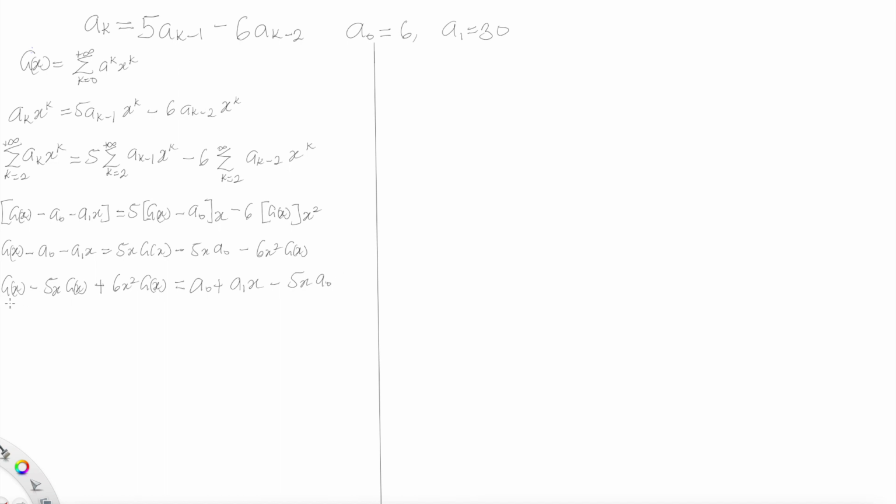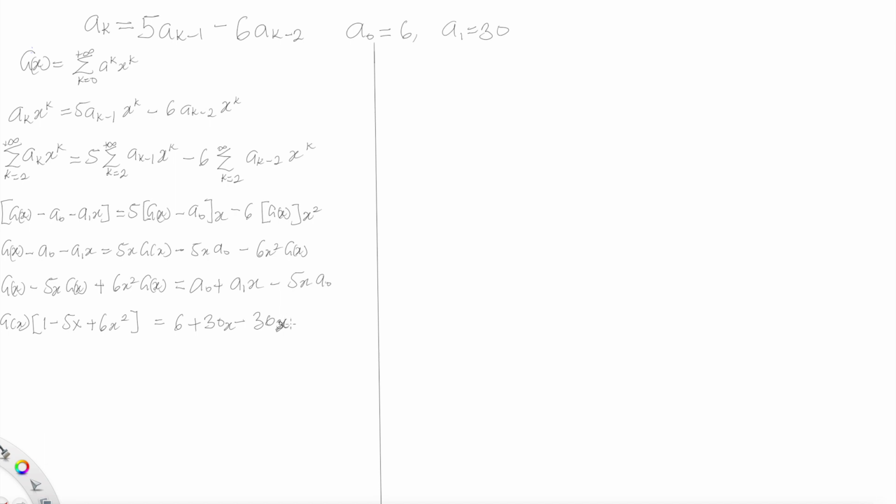Then we could factor out g of x from this. So we have g of x times 1 minus 5x plus 6x squared equals, a0 is 6, plus a1x would be 30x, minus 5 times a0, which is 6, would give us 30x, sorry for that.